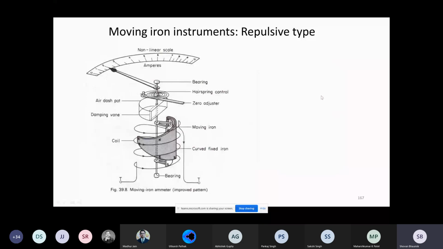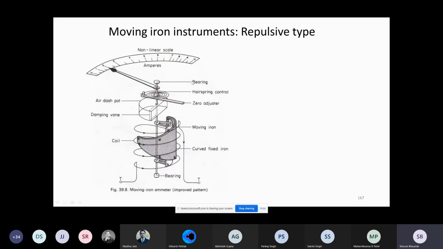Now the last figure. Here it is quite nicely shown: the moving coil, the moving vane and the fixed vane, and the spring, and the damping vane, and the scale, and the hairspring and all those things.